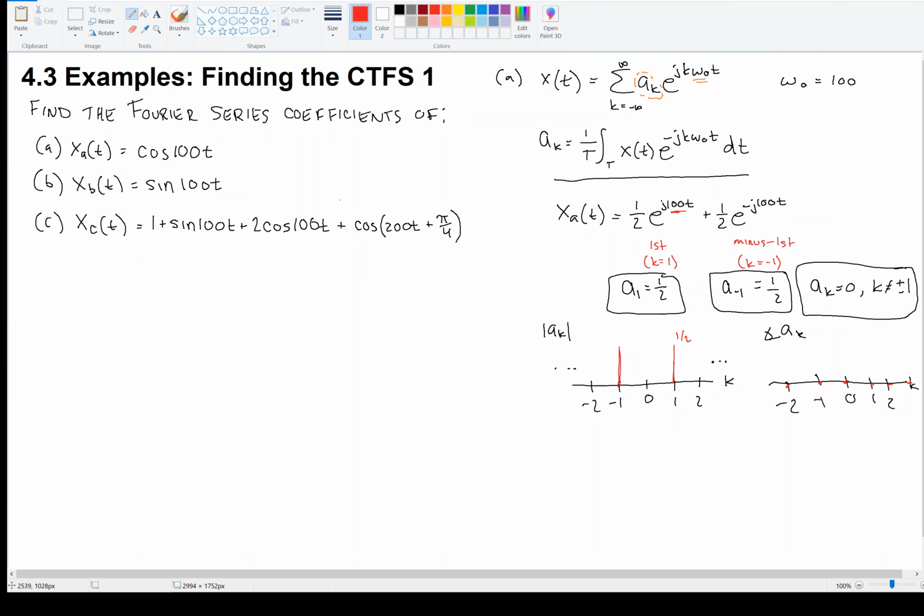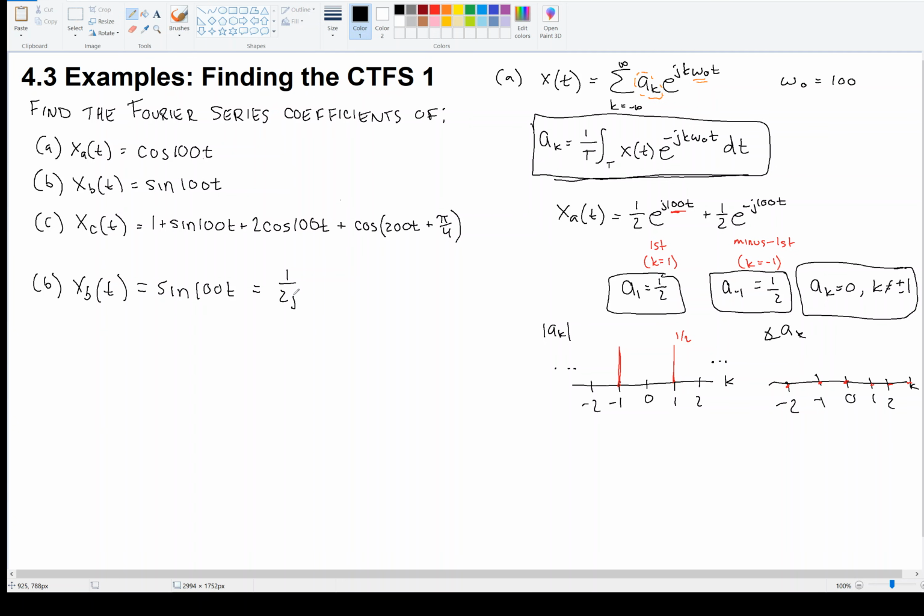Now let's move on. Let's see how that compares to the sinusoid, or the sine wave. And again, because this is a sine wave, I can avoid using the analysis equation and go right to Euler, right to the complex exponentials.